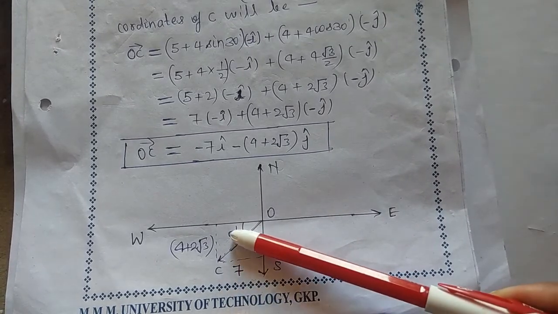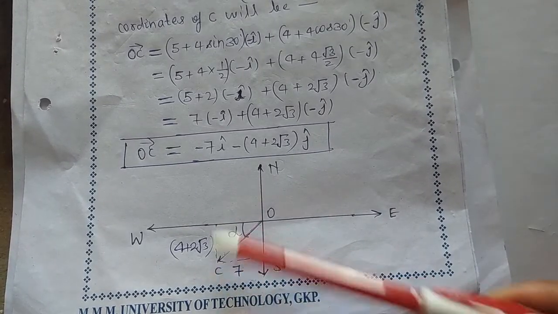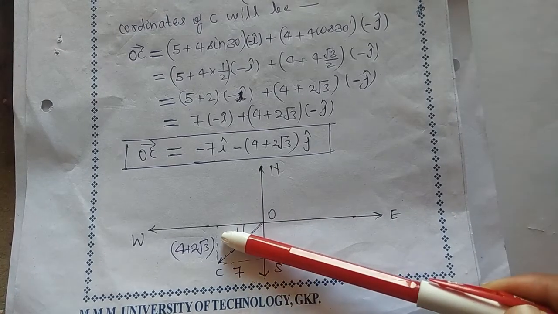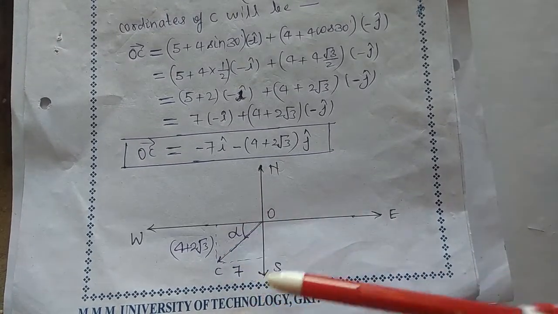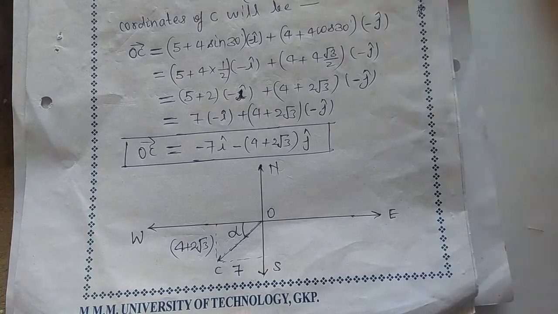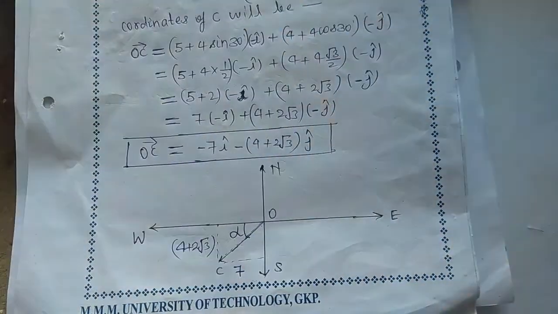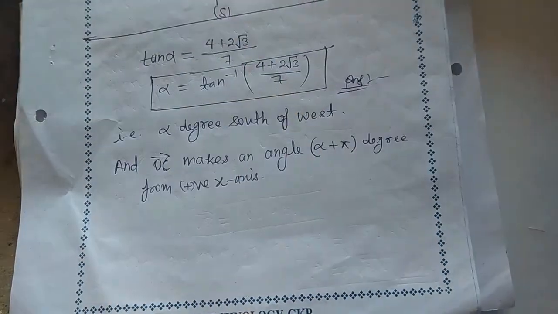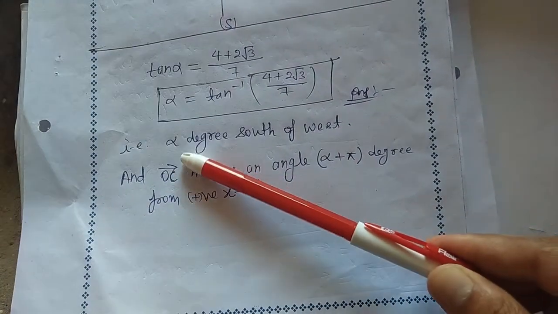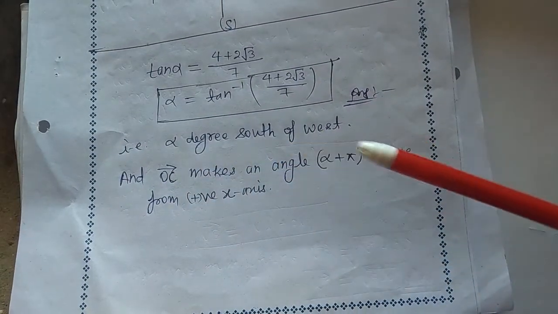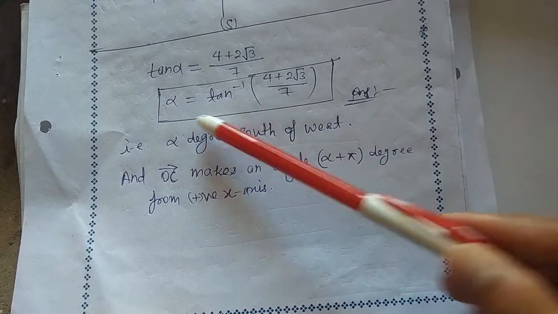So it is alpha degree towards south from the west. Here, this will be nothing but alpha degree south of west.